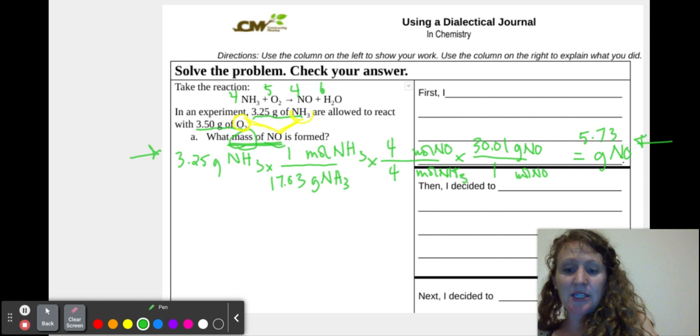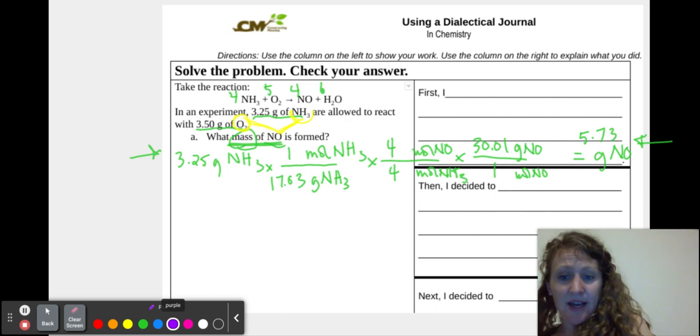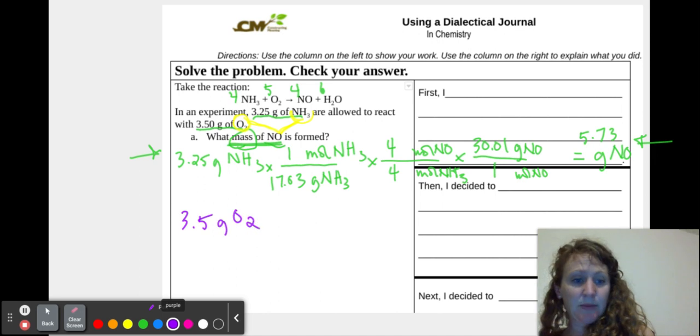So let's do this again for oxygen and see how much I can make with all this oxygen. 3.5 grams of oxygen. Again, I'm going to compare it to the same thing, grams of NO, so that I'm very consistent.